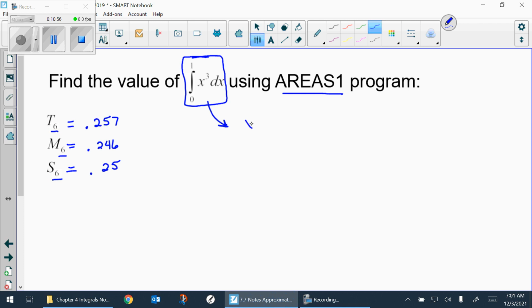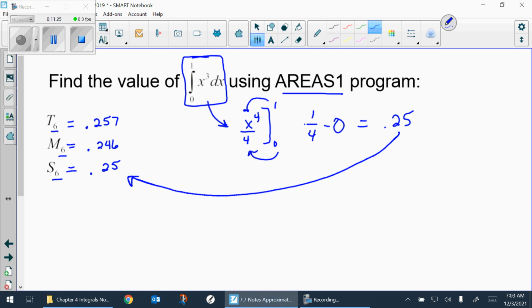we would have found the antiderivative. If we evaluate this integral between 0 and 1, we're going to put 1 in there, 1/4 minus, and you can see that Simpson really gets this accurately.